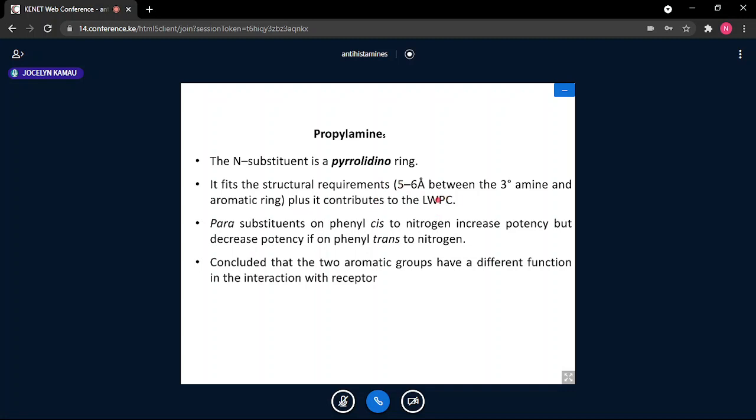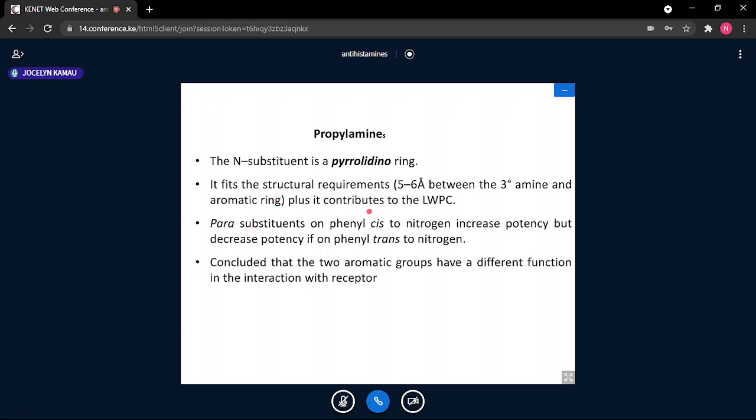You can see it has just a nitrogen. The nitrogen contributes to water solubility, and the other 4 carbon atoms will contribute to lipid solubility. So that pyrrolidine ring is good enough. It contributes a lipid-water partition coefficient, and therefore the drug still has good lipid solubility for it to penetrate the relevant lipid membranes.